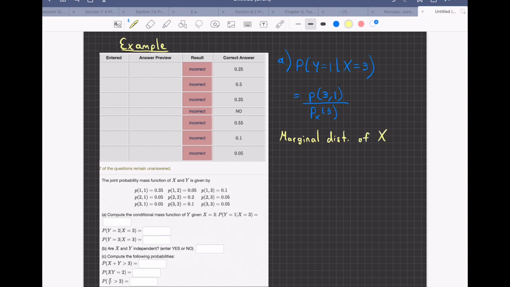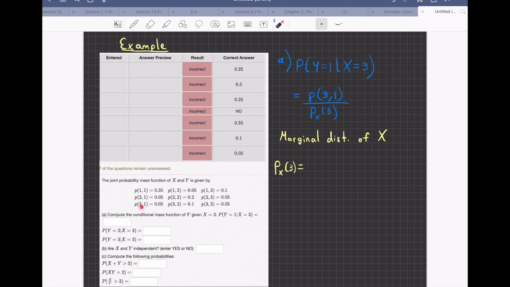In this case, I have to sum to get P_X of 3. I have to look at the values in the table, and I have to add all the values of y, but such that the x is equal to 3. In other words, these ones.